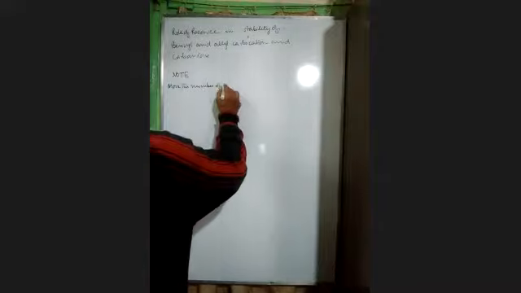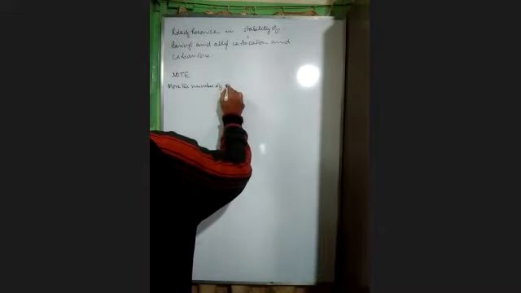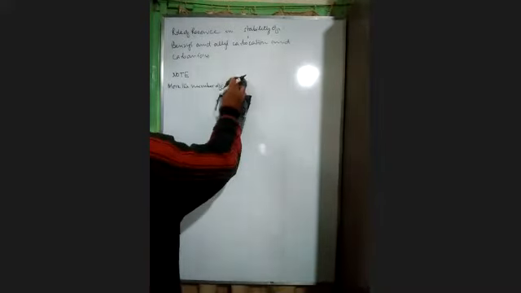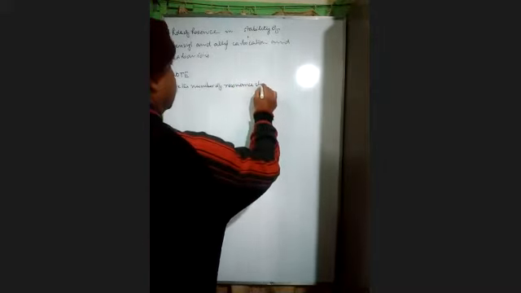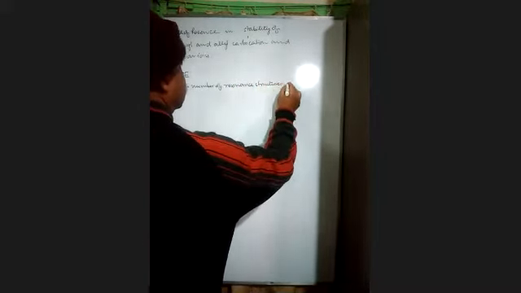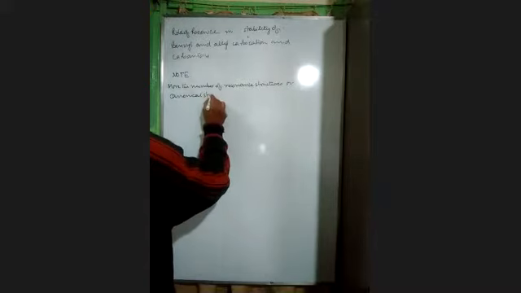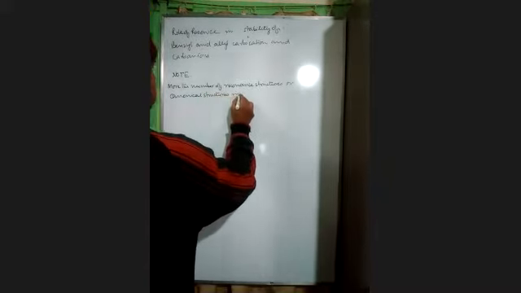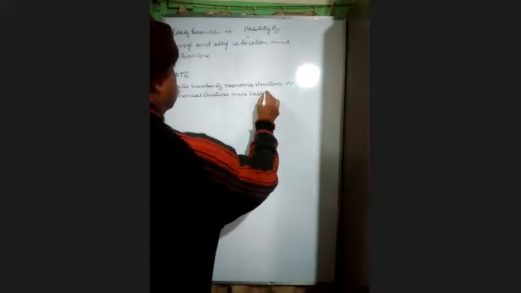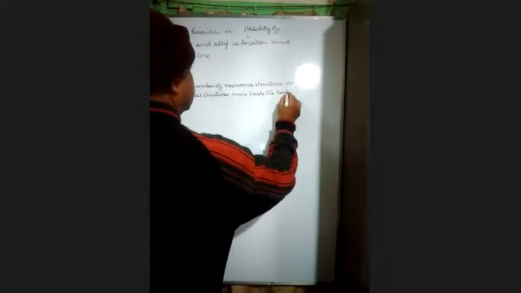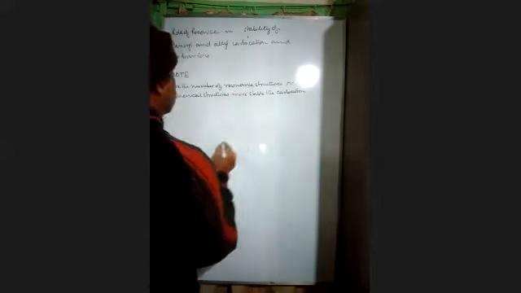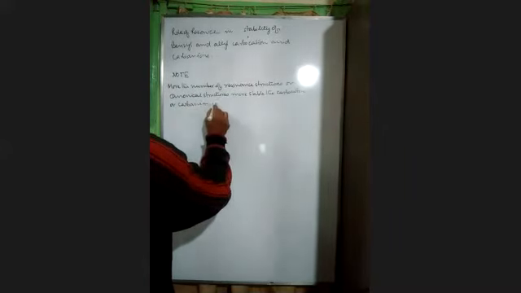More the number of resonance structure or canonical structure, more stable the carbocation or carbanion is.